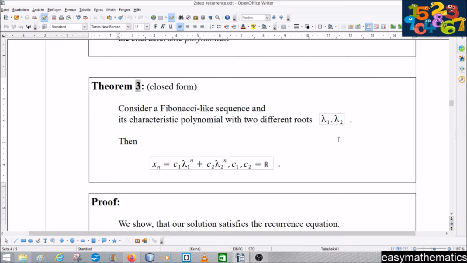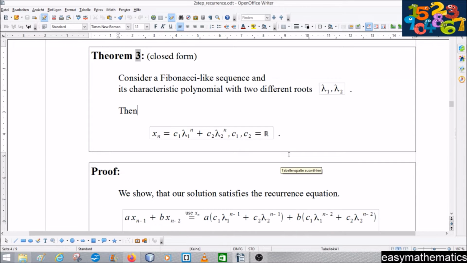If we consider a Fibonacci-like sequence and its characteristic polynomial with two different roots, lambda 1, lambda 2, then the sequence can be written in closed form as a linear combination of the powers of the roots. Okay? And of course we get the coefficients c1 and c2. There should be an element sign, by the way, I'm sorry for that. We get the coefficients c1 and c2 by the initial values, of course.